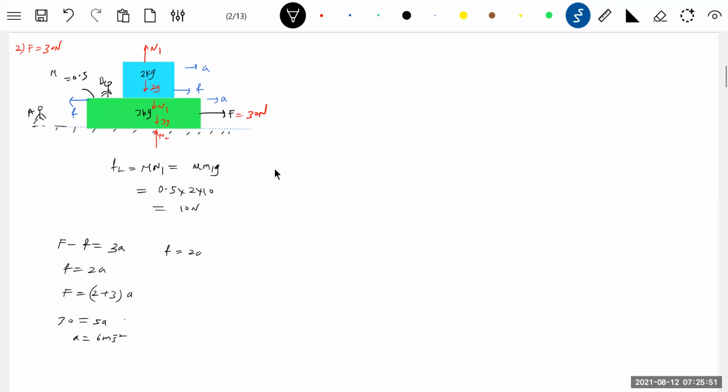Then f equal to 2A, 2 into 6, 12 Newton, greater than the limiting friction. So what is this friction? F equal to 12 Newton. So slipping occurs.